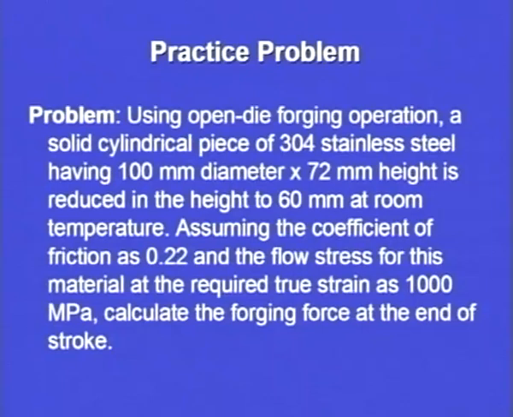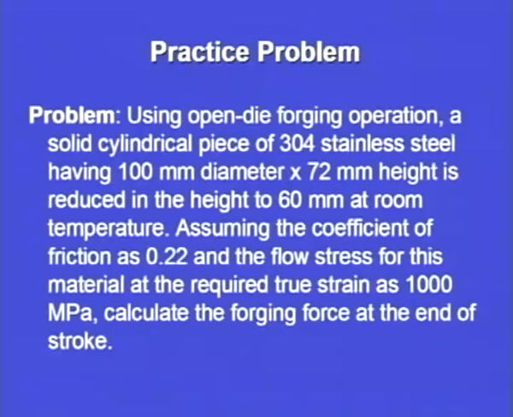The problem is that using an open die forging operation, a solid cylindrical piece of 304 stainless steel, this is the material of the job that has to be forged, having 100 millimeter diameter and 72 millimeter height, is reduced in height to 60 millimeter.